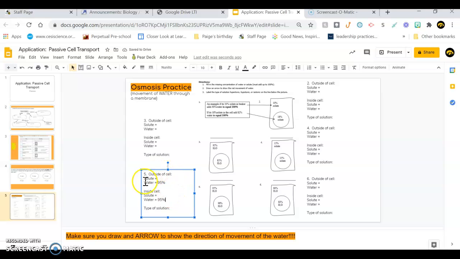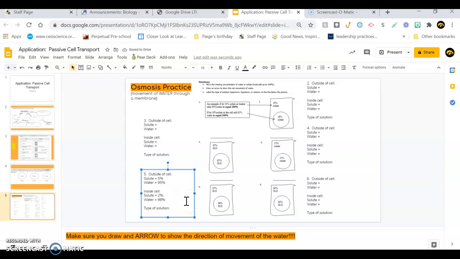So with anything dealing with percentages, you're always looking for 100%. So if there is 95% water on the outside of the cell, that means to make up 100%, there is 5% solute. Okay. So if on the inside of the cell it's 98%, then the solute is 2%.